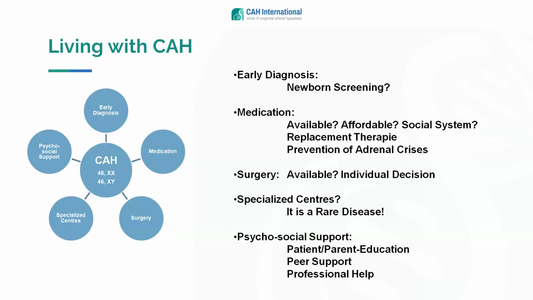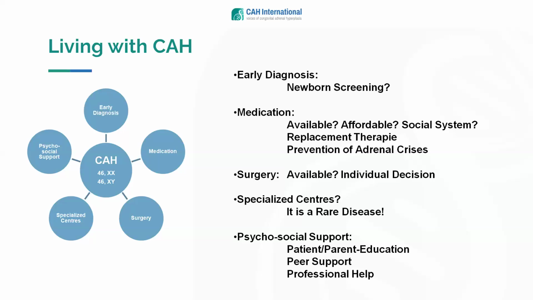So we do have the emergency injections. We do have suppositories in case a child or an adult is vomiting. So we do have those things, and medication in the right amount, taken at the right time, it prevents so much of the side effects you mentioned.